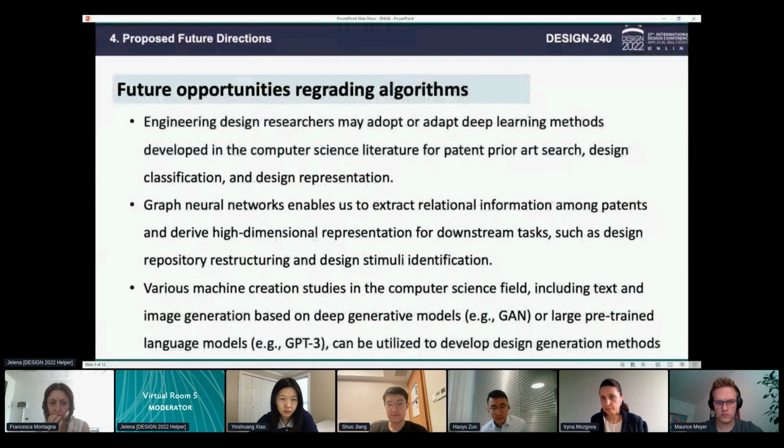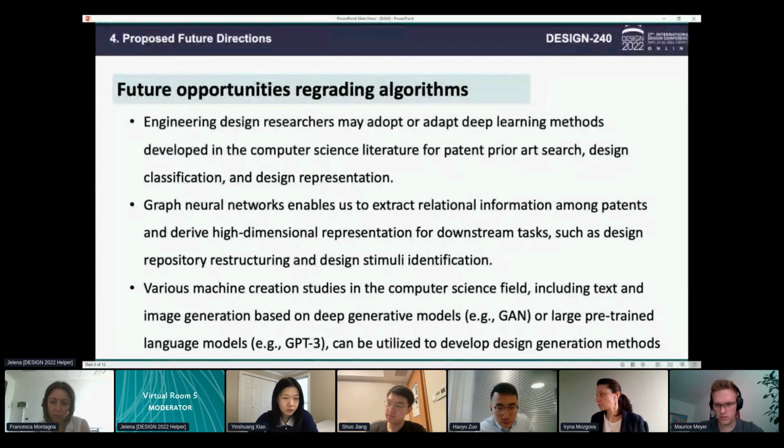For algorithm, engineering design researchers may adopt or adapt deep learning methods developed in computer science literature for patent prior art search, design classification, and design representation. Then, graph neural networks enable us to extract relational information among patents and derive high-dimensional representations for downstream tasks, such as design repository restructuring and design stimuli identification.